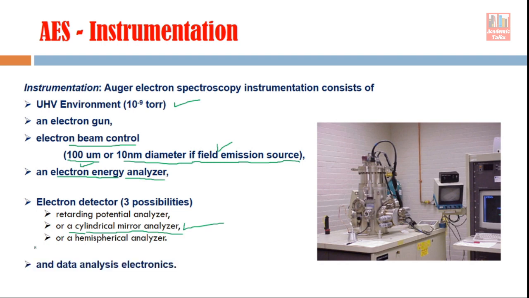Finally we have data analysis, meaning whatever data is generated there has to be plotted and analyzed in order to get useful results. Here in this figure you can see a typical Auger electron spectroscopy instrument in a laboratory.